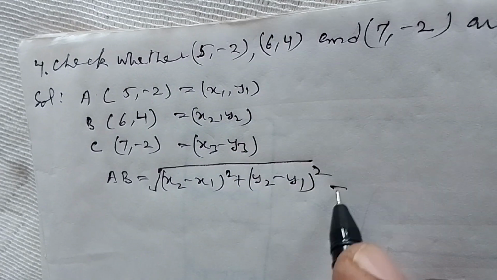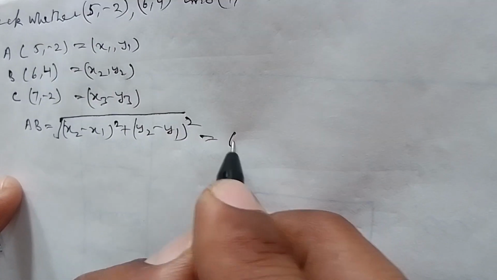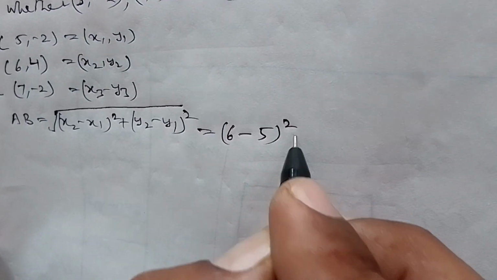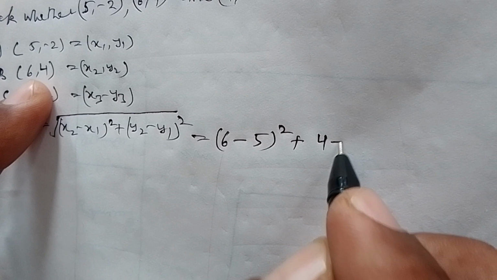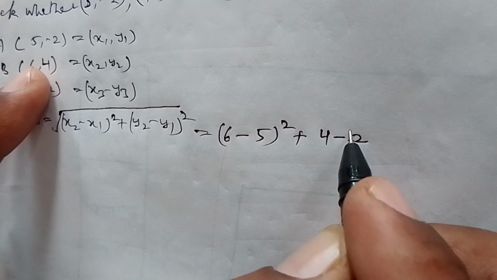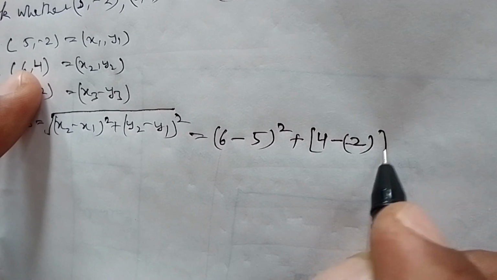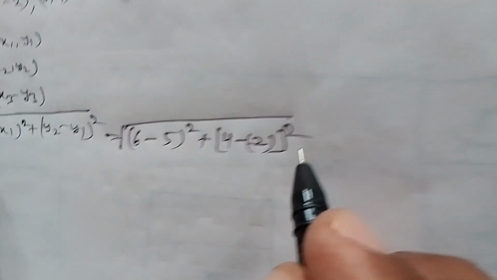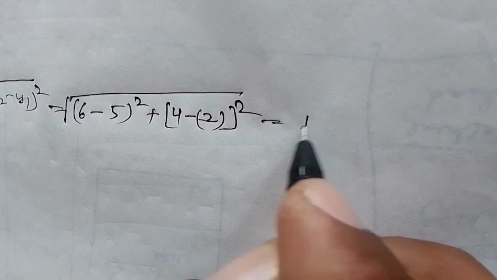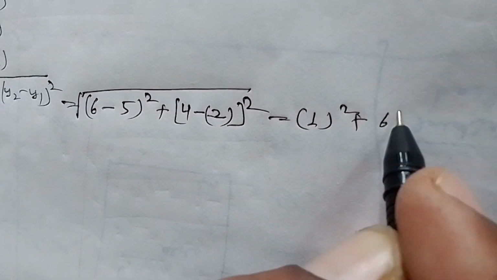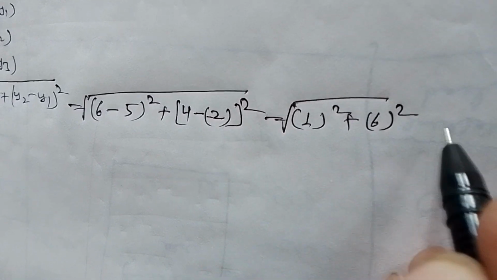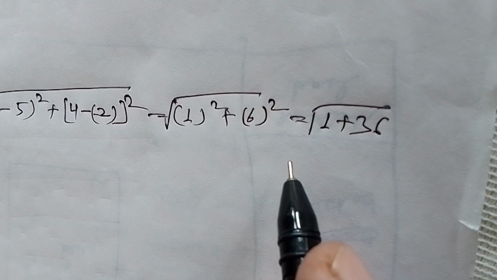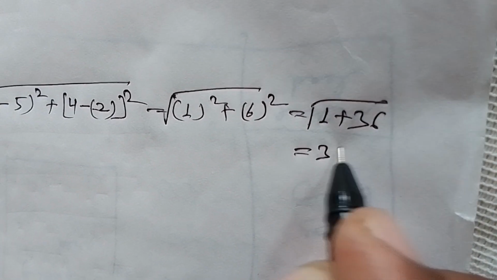By putting the values, x2 is 6, x1 is 5, so (6 minus 5) squared plus (y2 is 4, minus y1 is -2) squared. It comes out to be 1 squared plus 6 squared, that is 1 plus 36. So the answer comes out to be root 37.